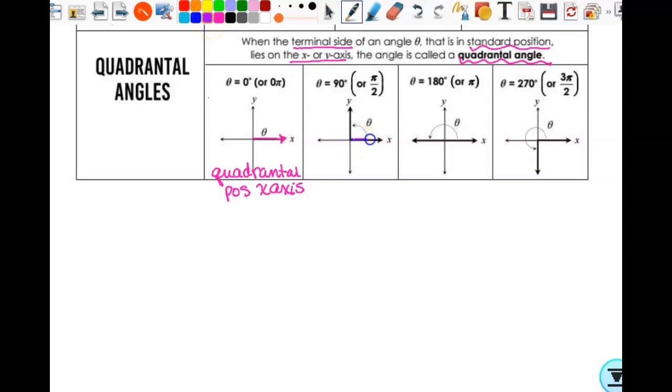If you land at 90 or pi halves or 5 pi halves or 9 pi halves or whatever else lands you there, then you say this is quadrantal, and we have the positive y-axis. That's where we landed.